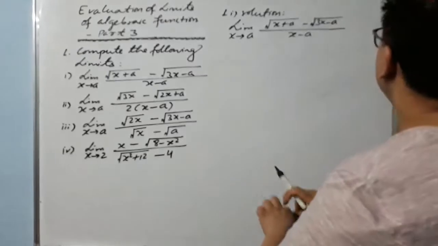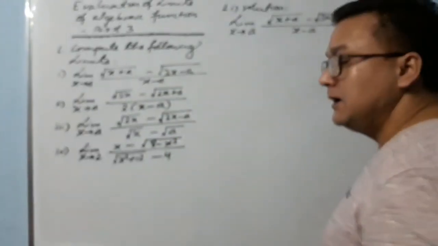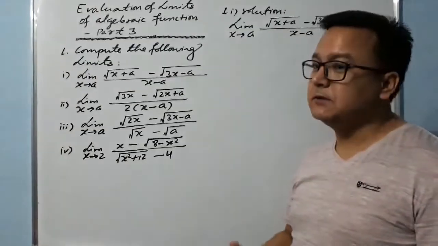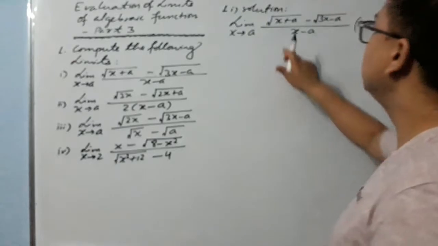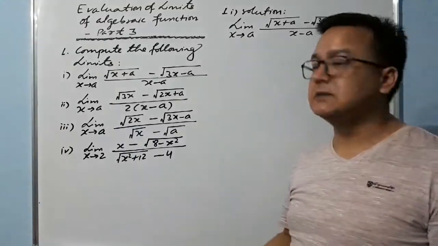We can write down whatever form we have here: form 0 upon 0, which means we have an indeterminate form. As you know already, if we have an indeterminate form, this means we have to simplify. Today we have to use a different approach to simplify this question.